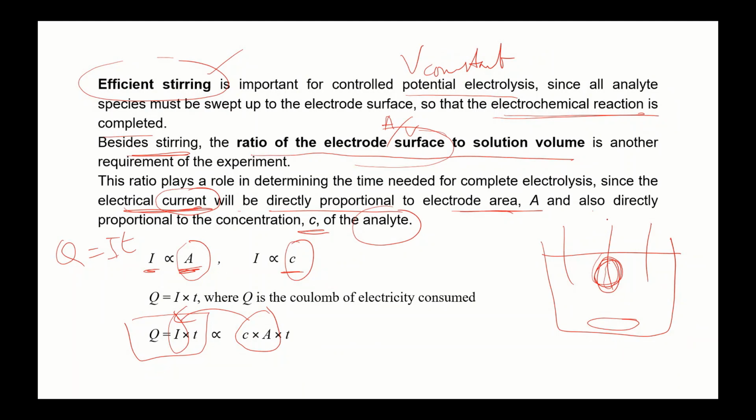If your working electrode is the anode, the analyte will oxidize completely on the working electrode. If it is the negative cathode, the analyte will reduce completely on the working electrode. So you must stir the solution, and the electrode must have a very high surface area.